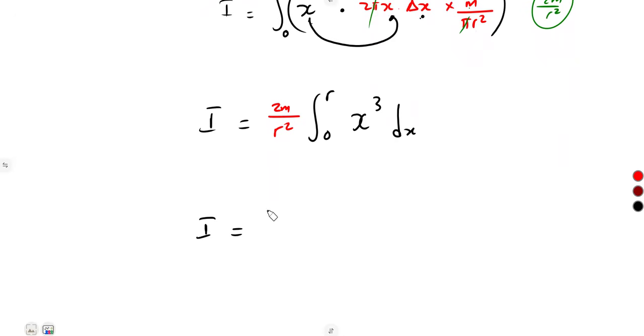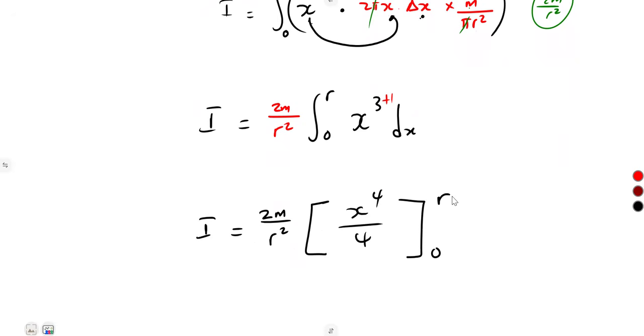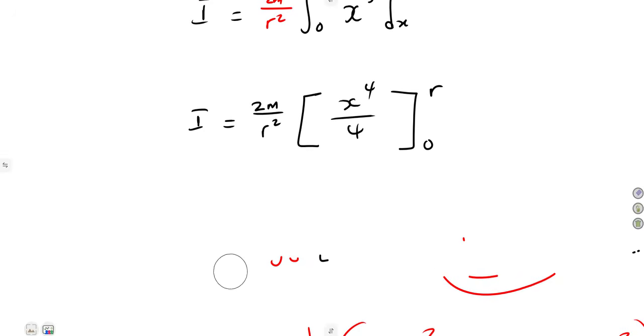So let us integrate 2m over r squared. Integrating x to the exponent of 3, we add 1, so that's x to the exponent of 4 over 4, with our limits taken from 0 to r. We have integrated, so substitute the limits: upper limit minus lower limit.